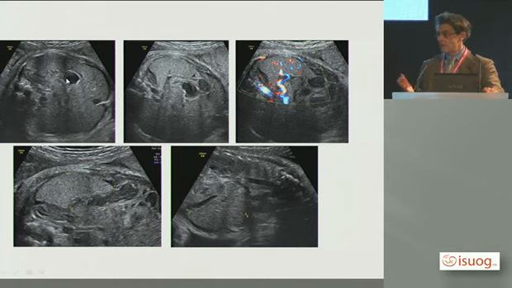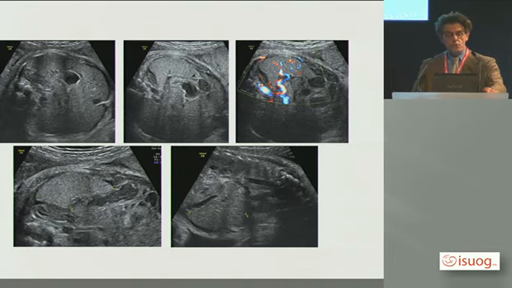Very often in those cases, the stomach appears displaced towards the midline. And second, very often the size of the stomach is smaller than expected, although the abdominal circumference usually is normal or slightly above the median, even if the other measurements are small.